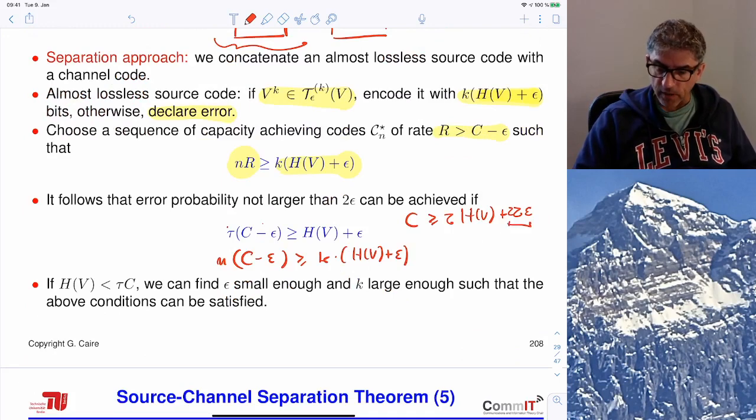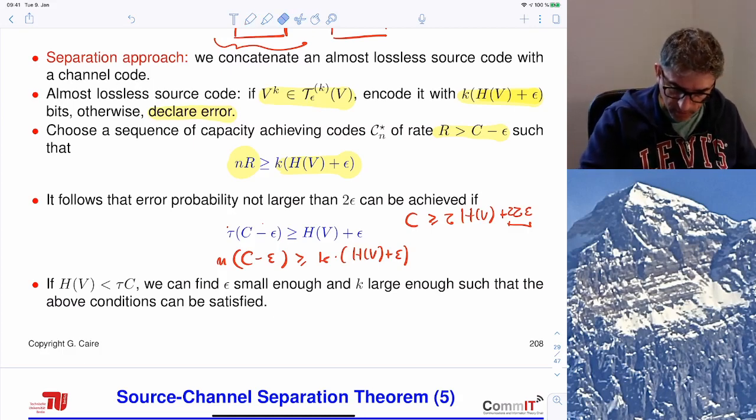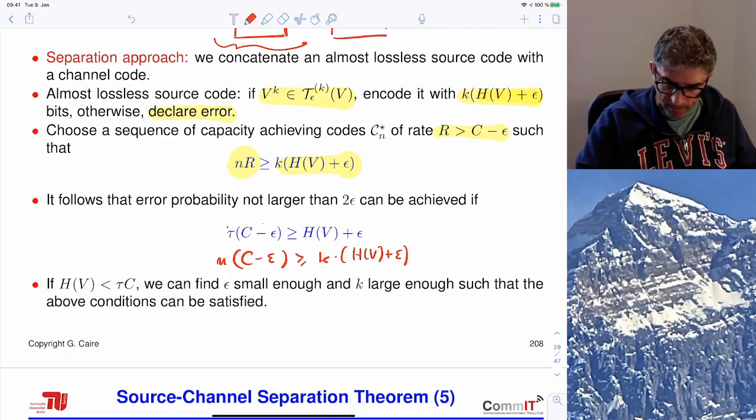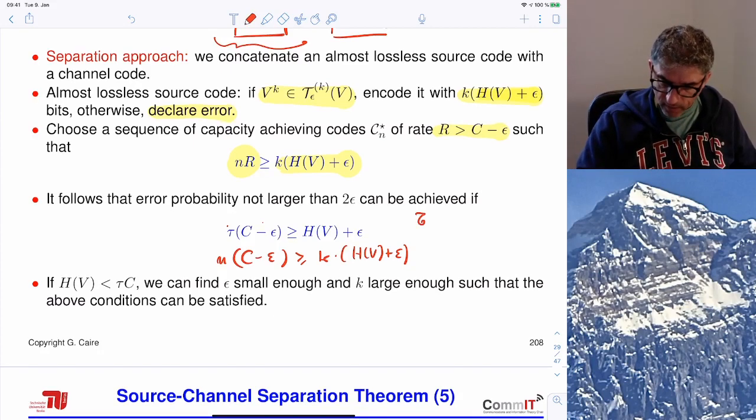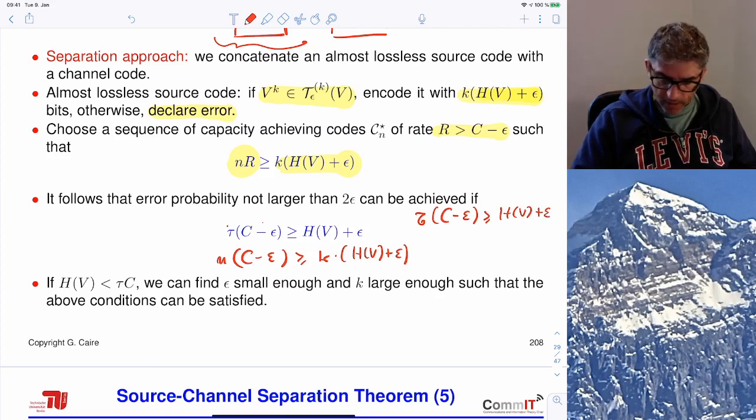But 2 tau epsilon is a vanishing quantity anyway. Oh, sorry, I had to divide by k, because tau is defined that way. Sorry, I got confused. Divided by k, not divided by n. So I have tau times (C minus epsilon) greater than H(V) plus epsilon. And so I have that H(V) must be less than or equal to tau C minus tau epsilon minus epsilon.